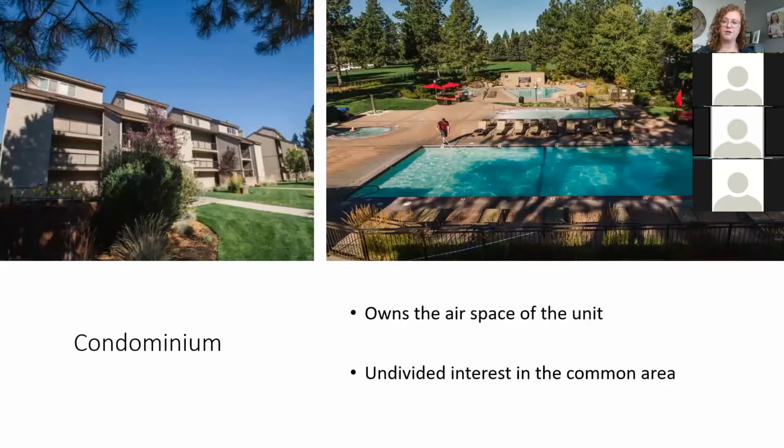Or are you subject to Chapter 100, which is the condominium statute? A condominium, as it's defined, is slightly different in that the owner essentially owns the airspace. Sometimes you'll hear it said from the studs in, from the finished surface in, from the drywall in, but it's essentially from a boundary of that unit inward.